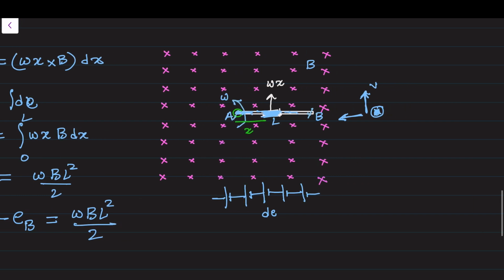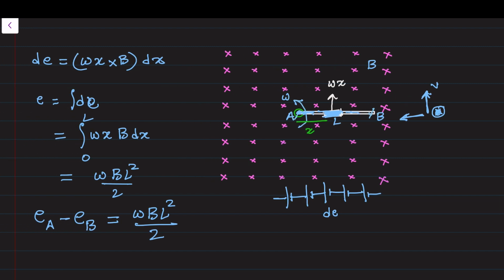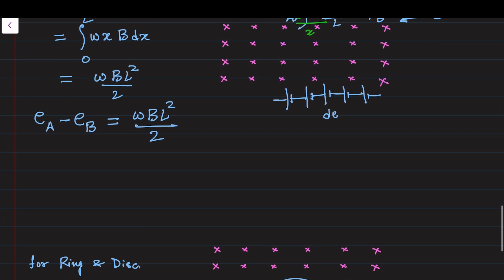Now if I change this question, a very nice question. Let us say if it is given AB is non-conducting rod, and the entire situation remains same. Then what is the EMF induced? Then you remember motional EMF, how the EMF was being generated because of the movement of free electrons.